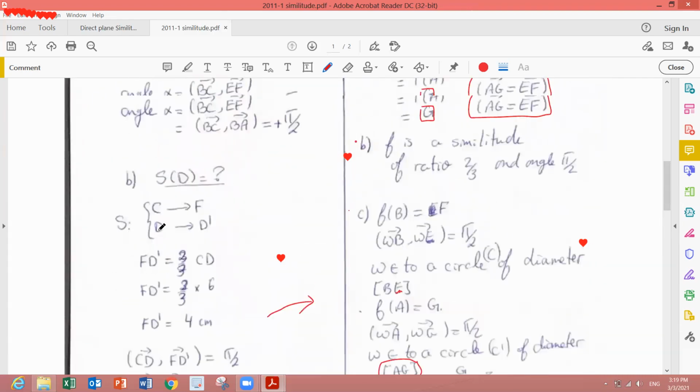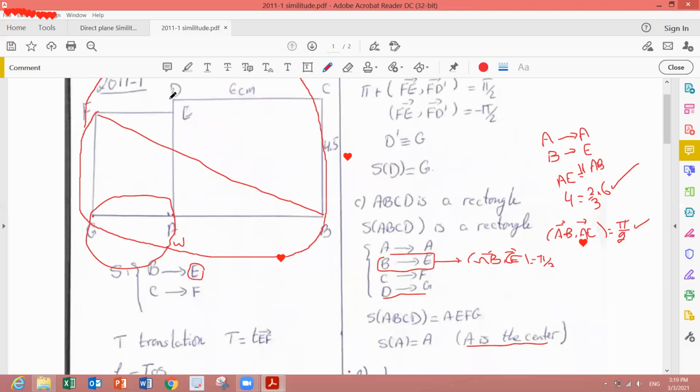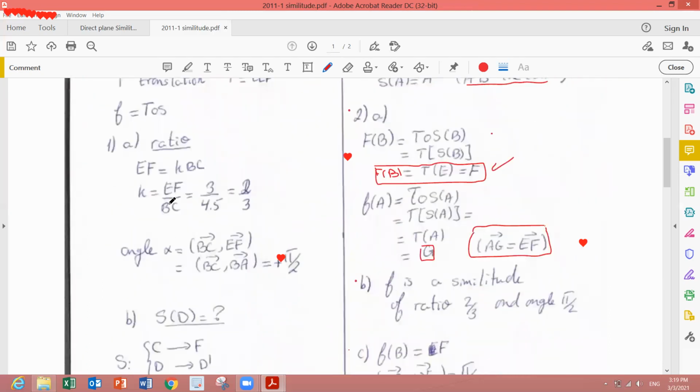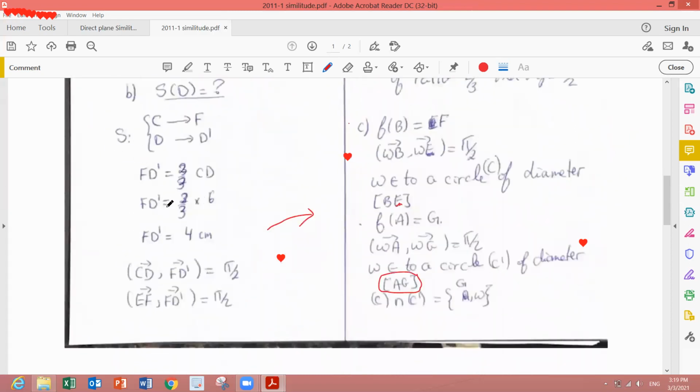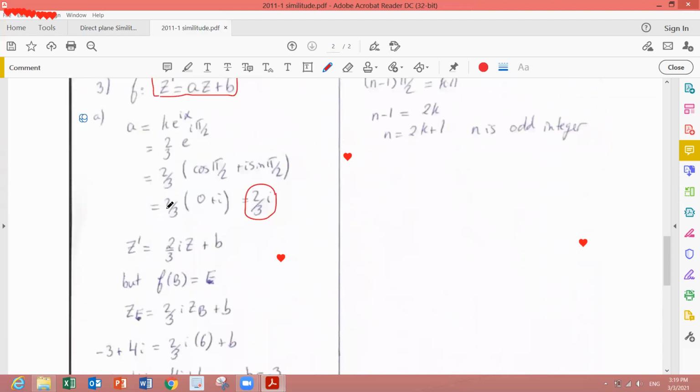ZE, what are the coordinates of E? Or F. What are the coordinates of F?